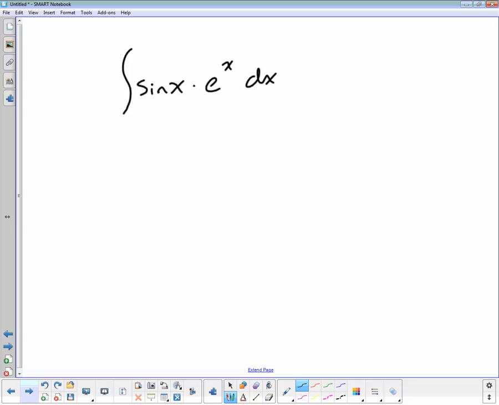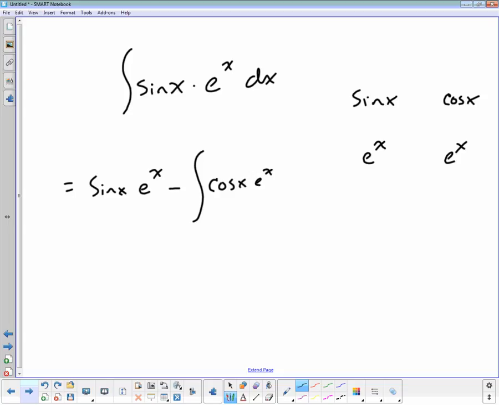So, for example, if I do this, derivative of sine, e to the x, e to the x, and now doing the integral by parts, I get sine x e to the x minus the integral of cosine of x e to the x dx. And now we do it again.